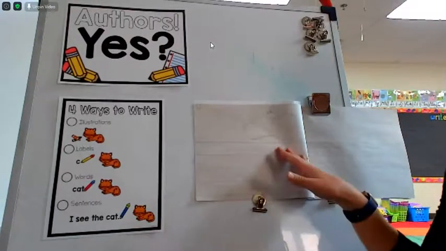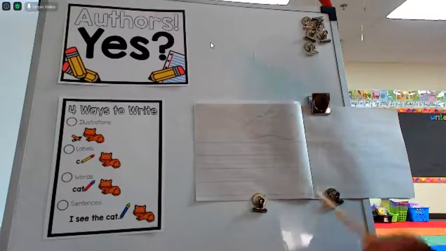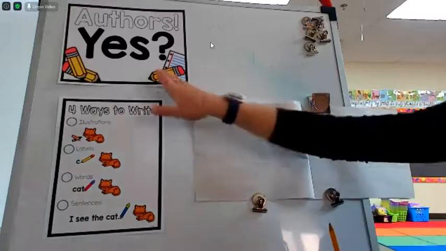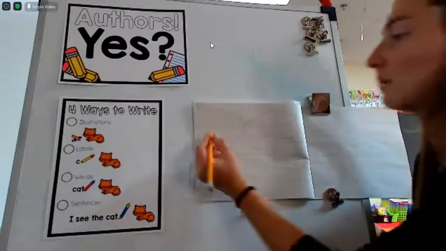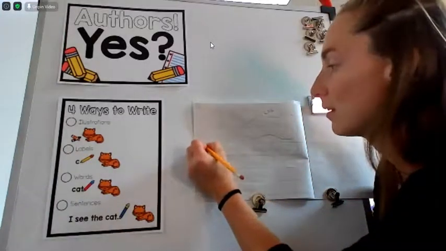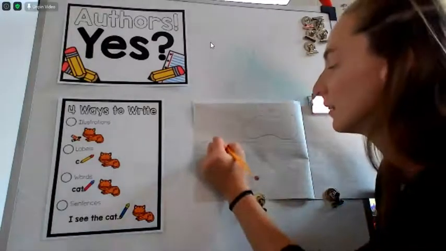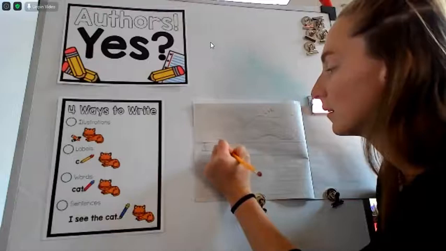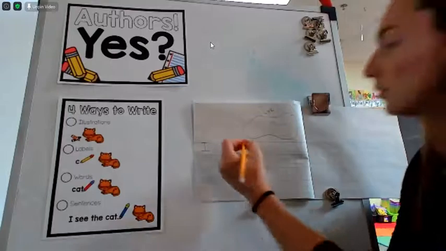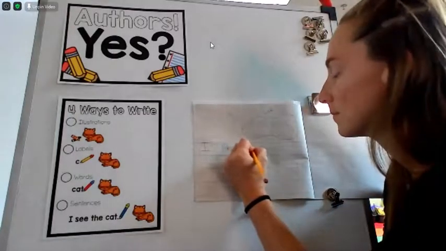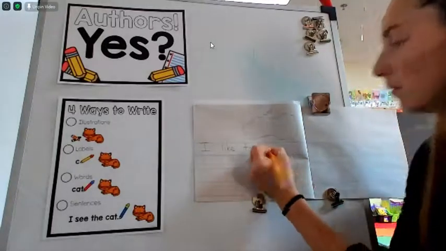Now I want to start adding some words, because if I tried to tell this story here, it's a great start, but I want to be able to explain with my words, because authors like to tell a story with words. So I'm going to start out with capital I. I like to go.